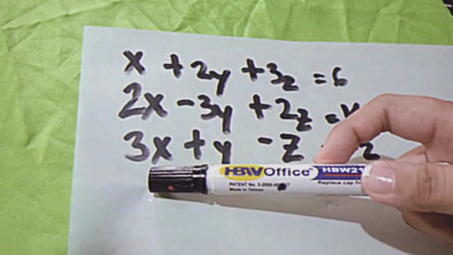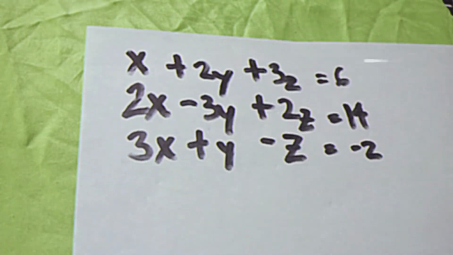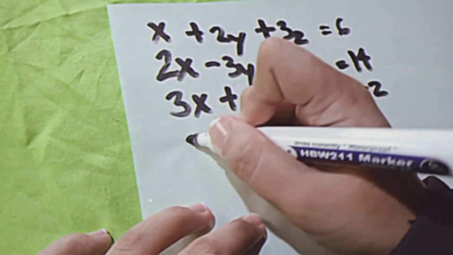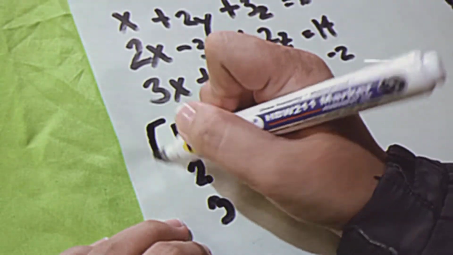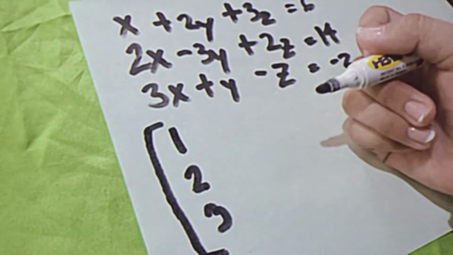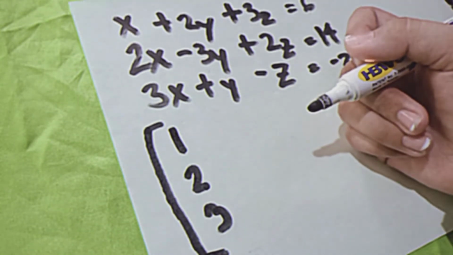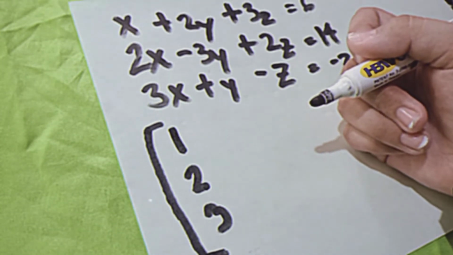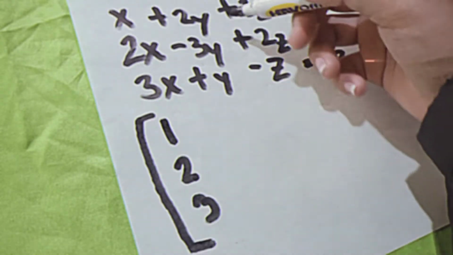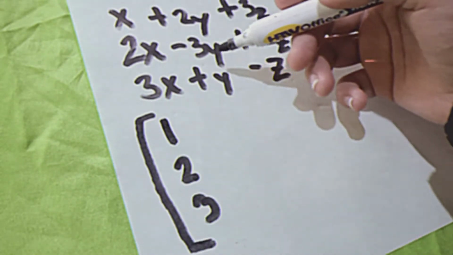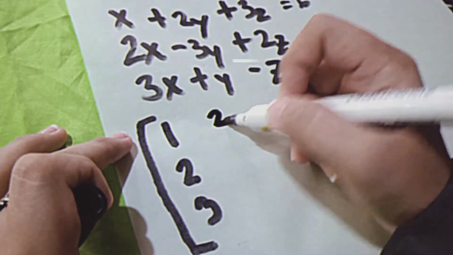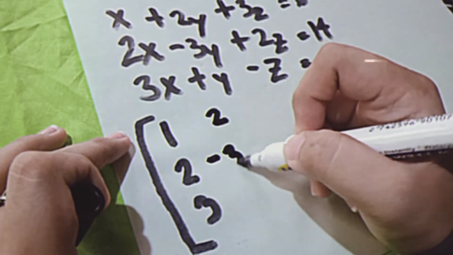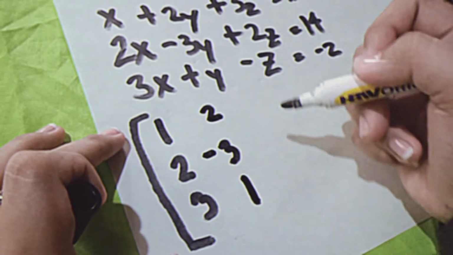The coefficients of x are 1, 2, 3. My second column will be the y. So I take all the coefficients of y: 2, negative 3, and 1.